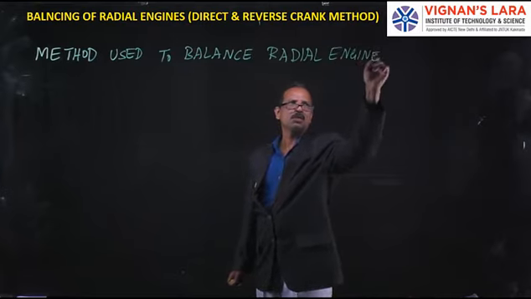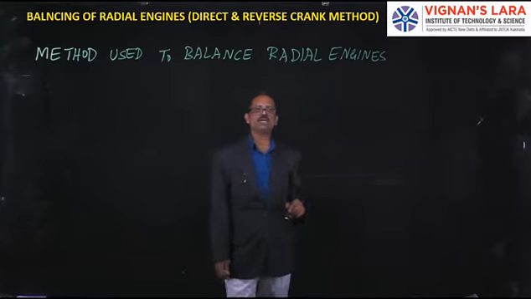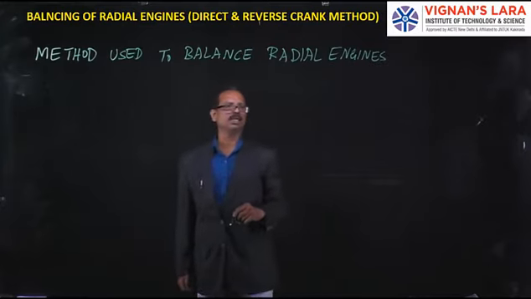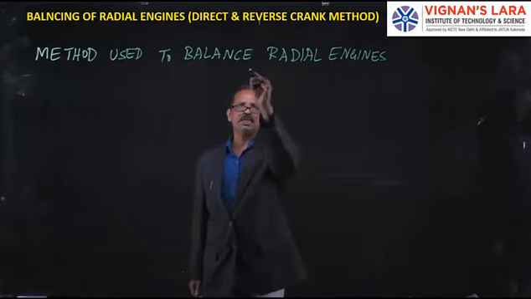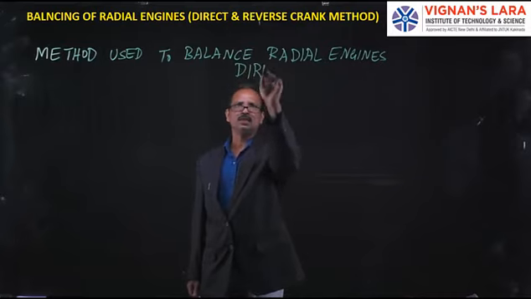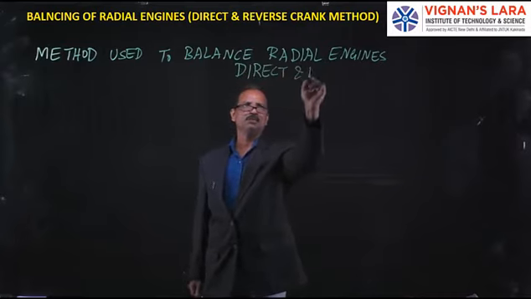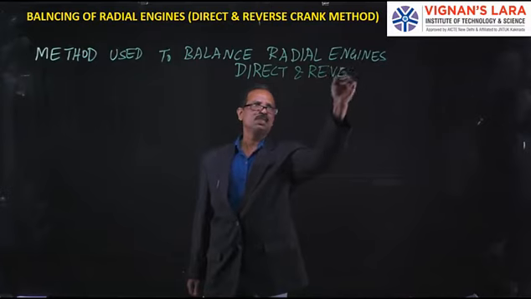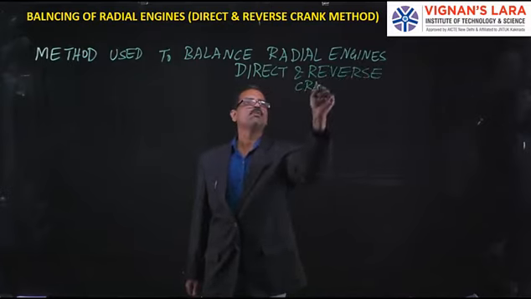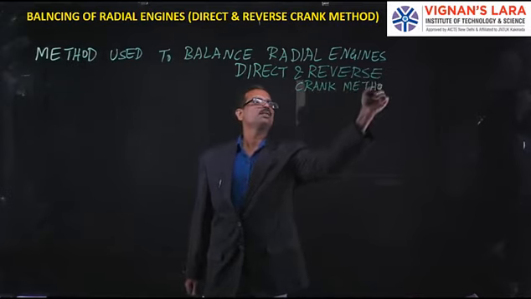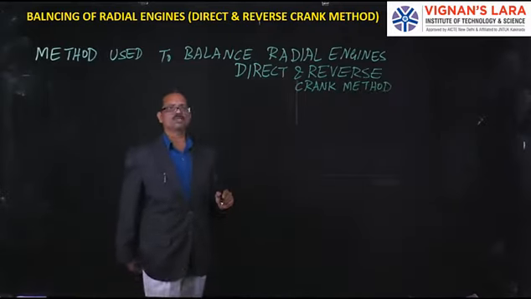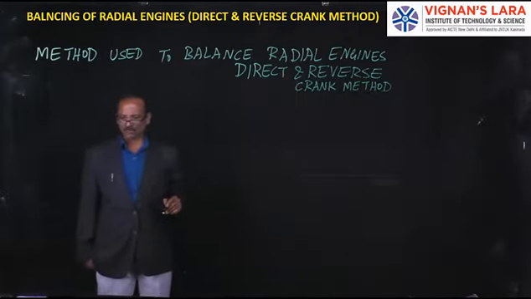This is also useful for short answer questions and theory part of the examination point of view. First we will see the analysis part, then we will solve a problem on radial engines using the same concept.